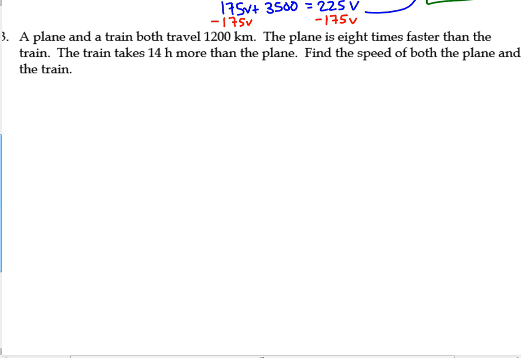A plane and a train both travel 1,200 kilometers. The plane is 8 times faster than the train. The train takes 14 more hours than the plane. Find the speed of both the plane and the train. So again, we're looking for speed. So our two situations, plane and train.